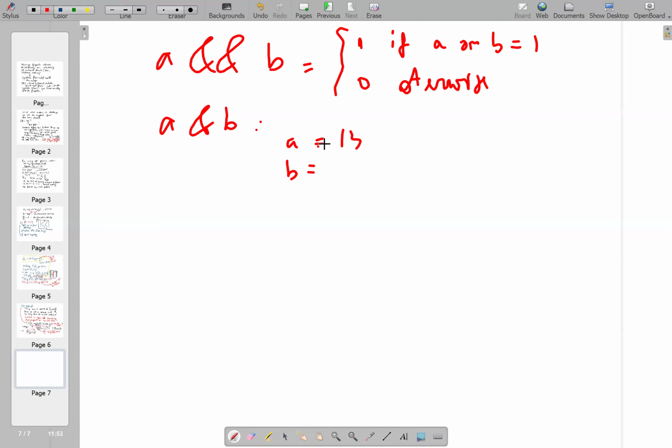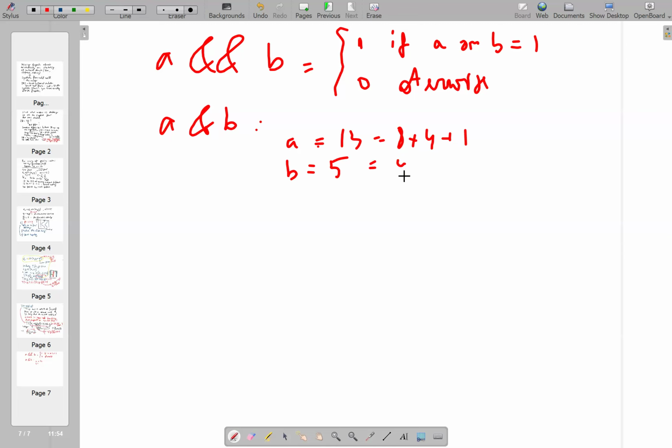Maybe something like 5. Okay. So A is 8 plus 4 plus 1, easy.